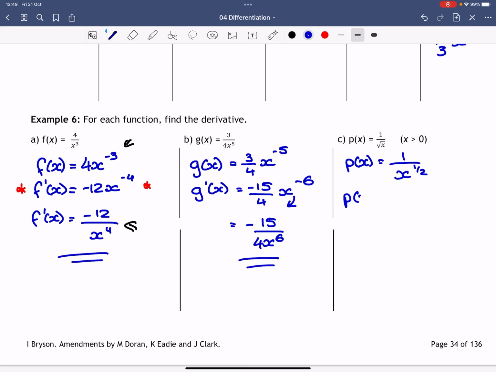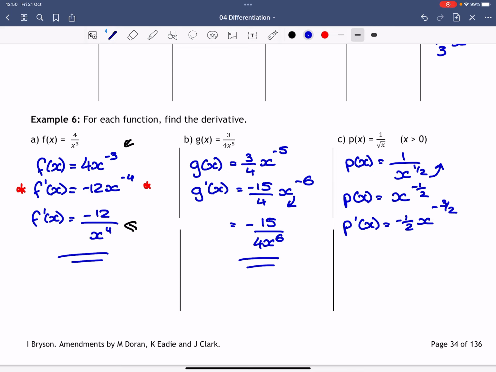We're still going to say p of x is equal to, we bring the x up and make it a negative power. So I get x to the -1/2. Now I can differentiate. So I get p dashed x is equal to -1/2 x to the power of, and it's just -1/2 take away 1 is going to give me -3/2.